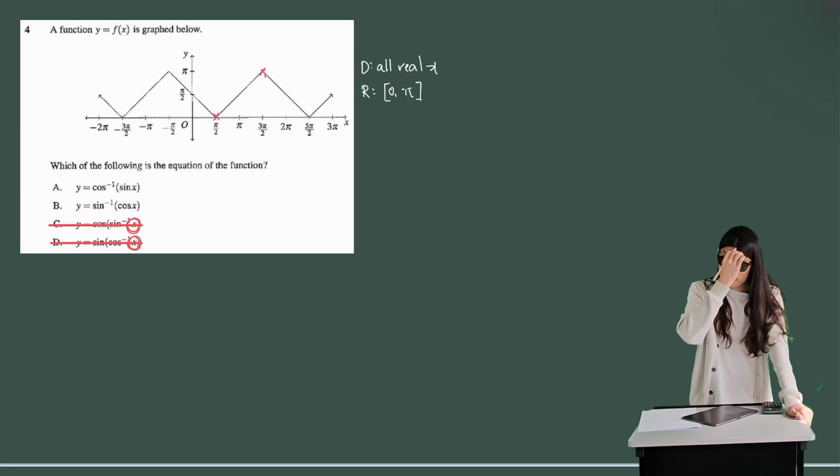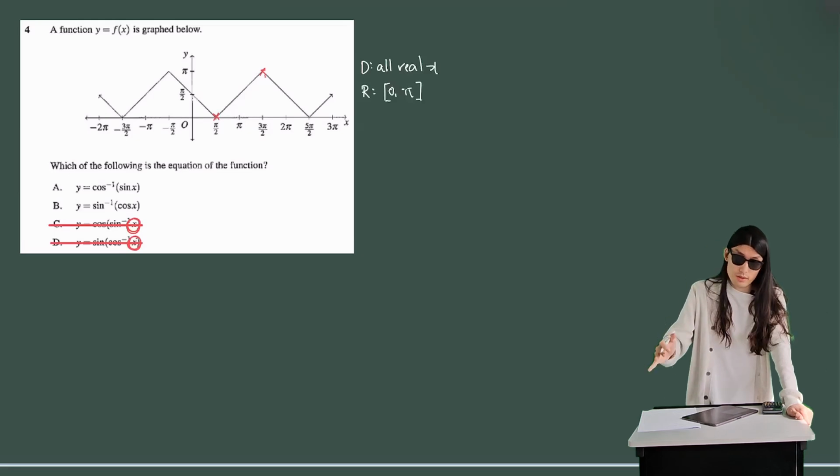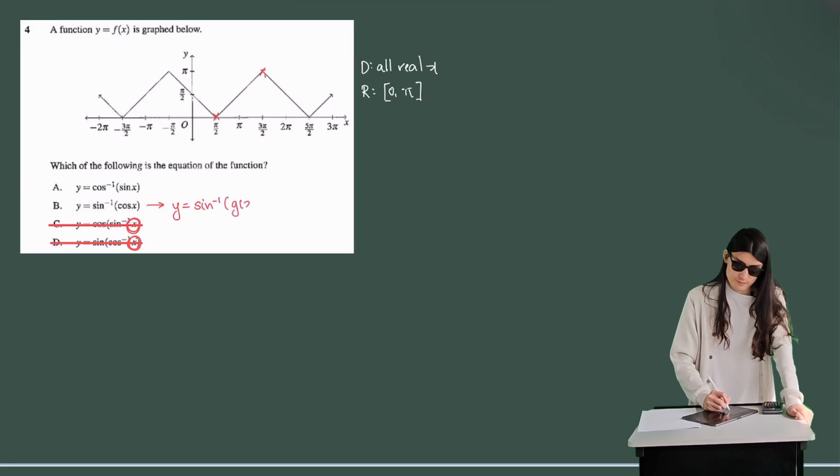And out of the two options remaining, A or B, you can eliminate B through the range, okay? Because if you look at B, essentially it is a function of this structure, isn't it?